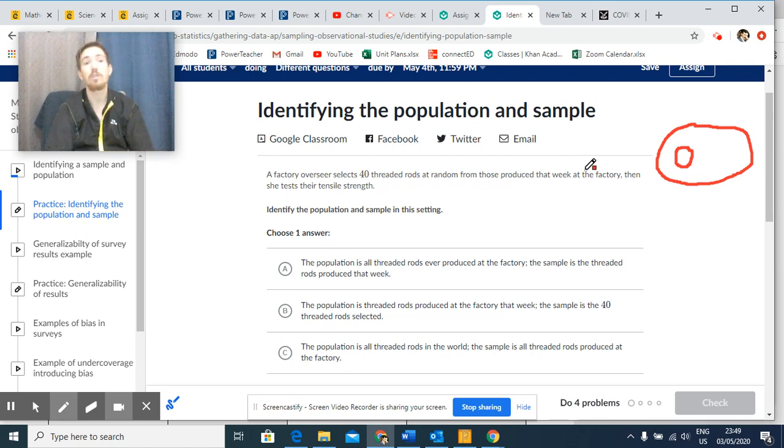And again, you can do this with anything. You can do it with people, you can do it with things. Anytime you're trying to find out information based on a group. Let's say I wanted to try to find the average height of sixth graders in the UAE.